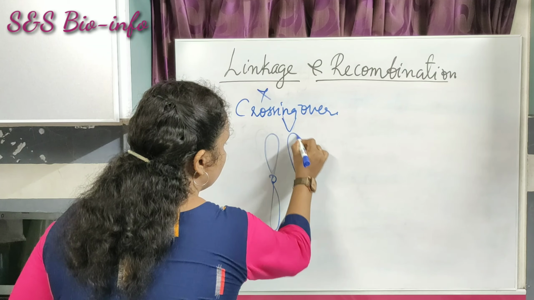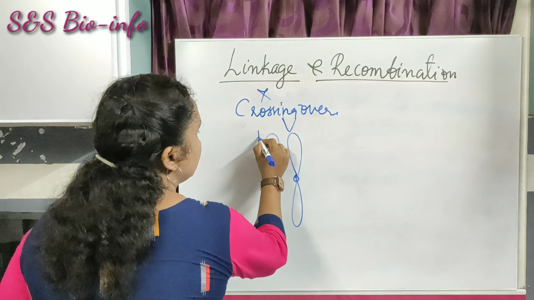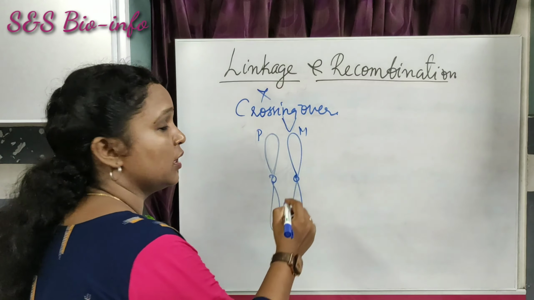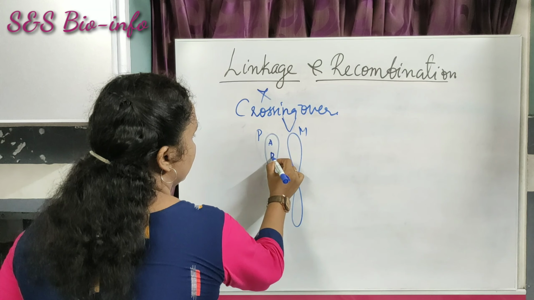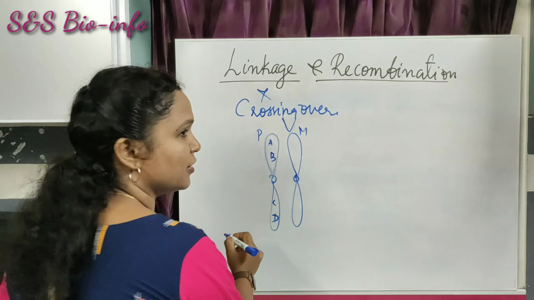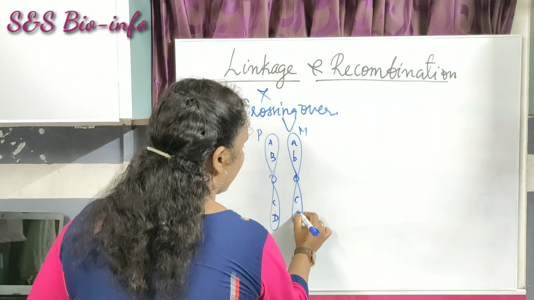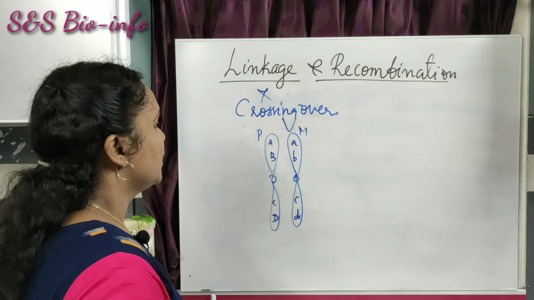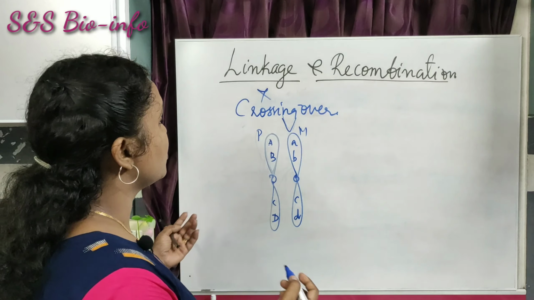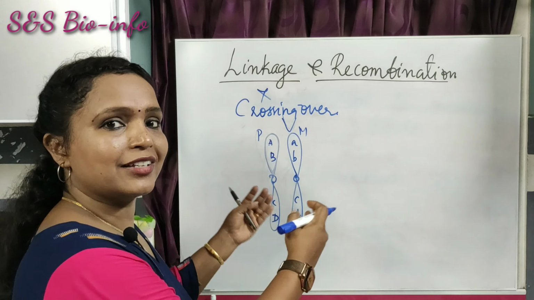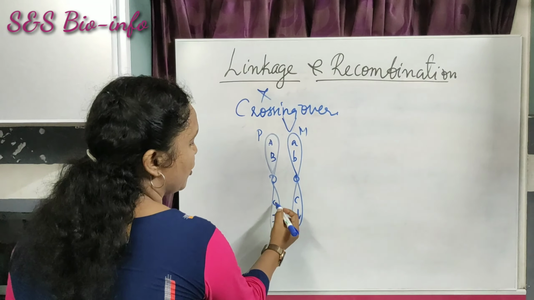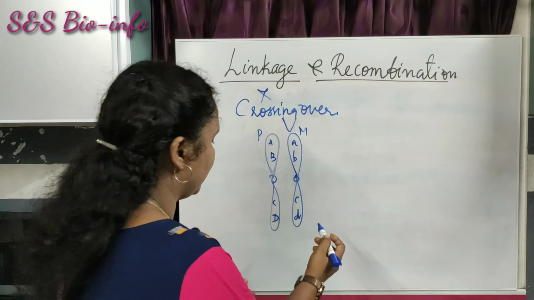One chromosome, the next chromosome, paternal and maternal chromosome. Suppose these are the genes A, B, C, D, four dominant genes here. Here four recessive genes, a, b, c, d. So here there is a chance of crossing over, exchange of the non-sister chromatids. These two are the non-sister chromatids.